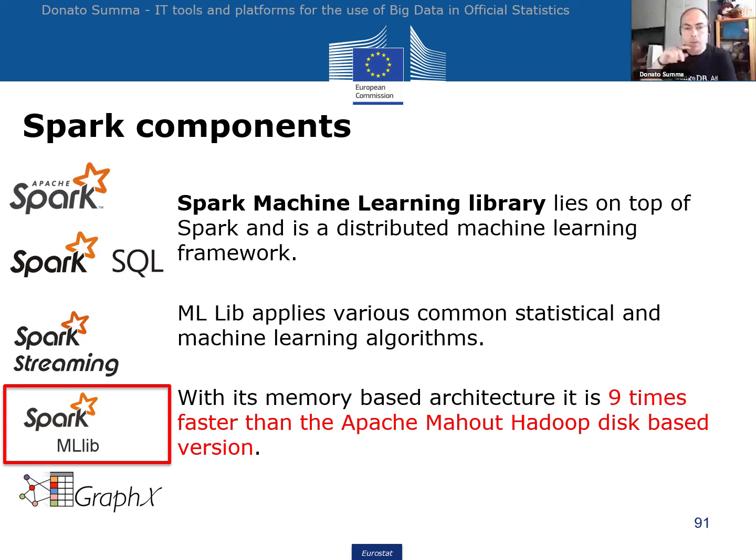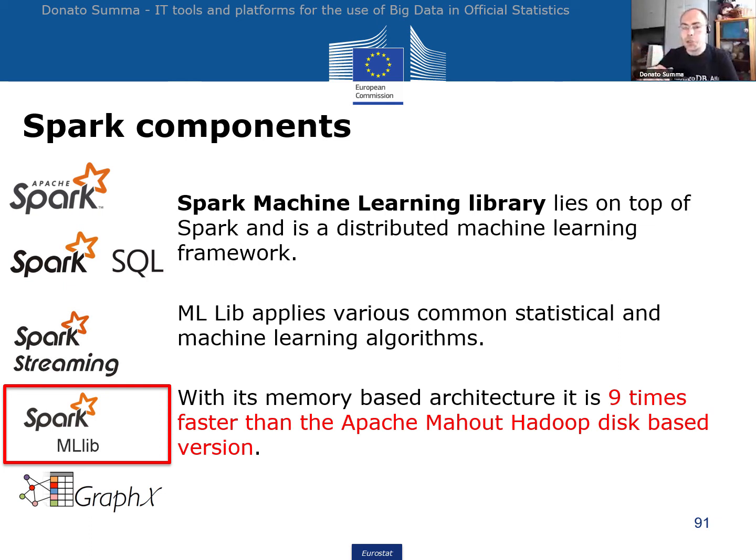The machine learning library applies various common statistical and machine learning algorithms. With its memory-based architecture, it's 9 times faster than the Apache Mahout Hadoop disk-based version.